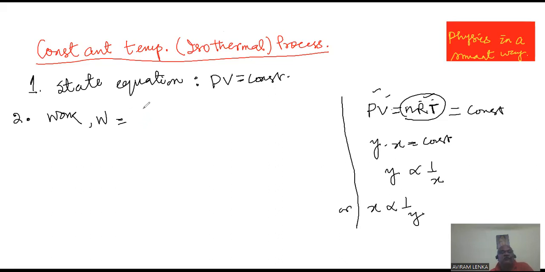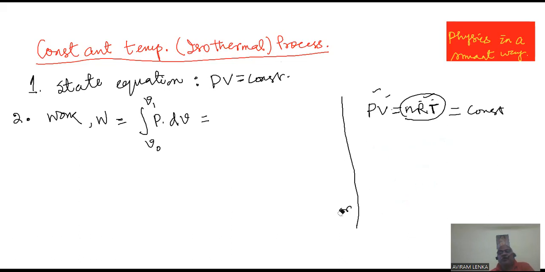When the force is variable, that is the integration of PdV. If the gas expands from a volume V0 to volume V1, that is the work done.